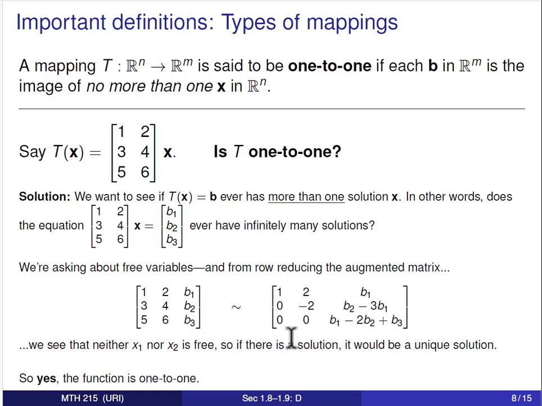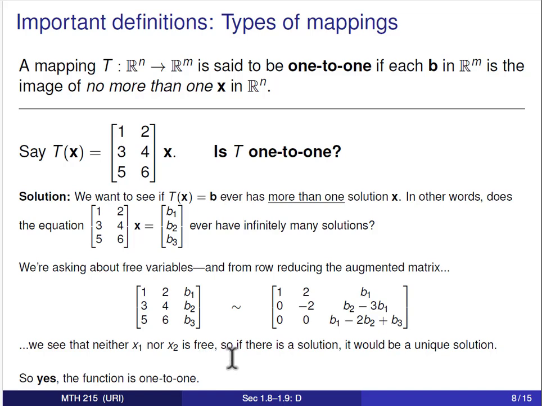As we take a look here, remember the last column corresponds to the right-hand side, but the first two columns, which correspond to x1 and x2, are pivot columns. There is a pivot position in the first column and in the second column, so neither one is a free variable, and neither x1 nor x2 is free.